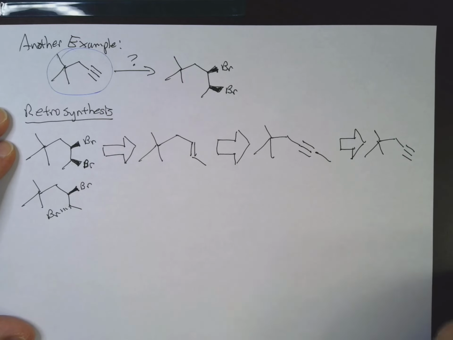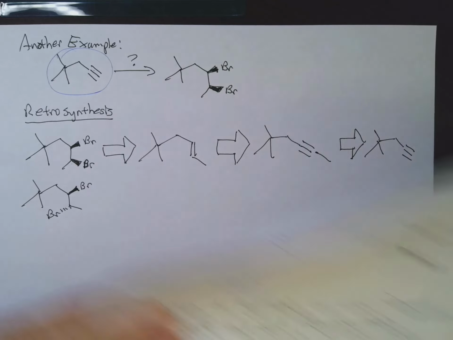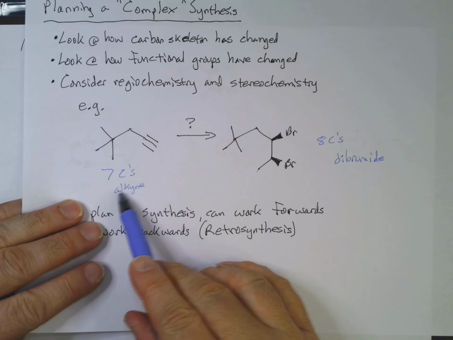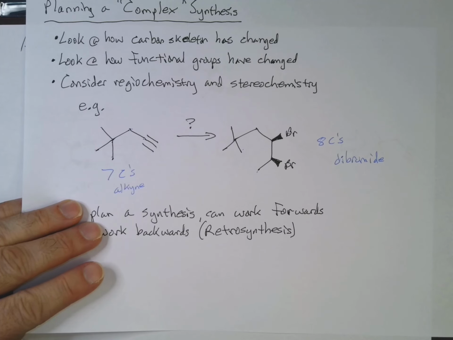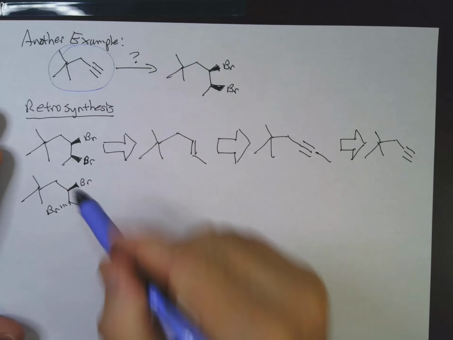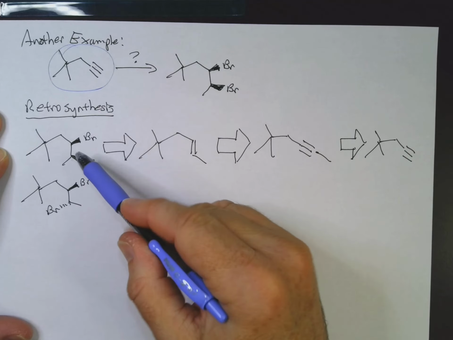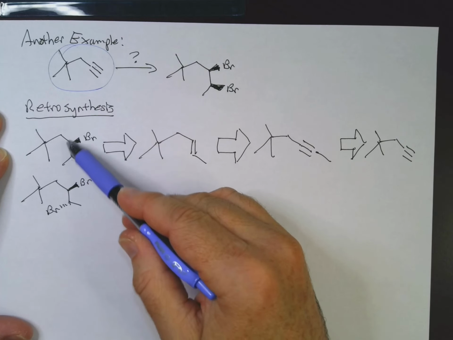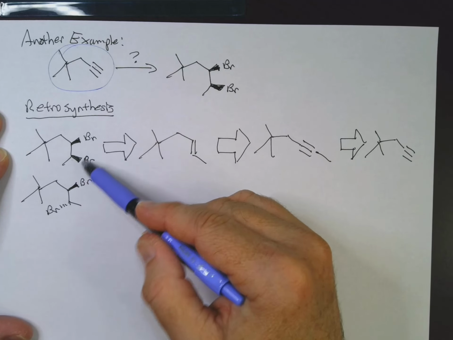Now again, when we looked at the analysis here, we've added a carbon and gone from an alkyne to a dihalide. So we have to do both of those. Now why didn't I try to add the carbon at the end? Well, I didn't have a reaction that would just stick a CH3 on something with the bromines.